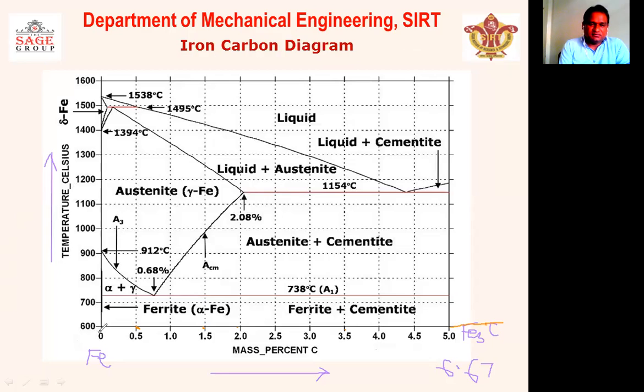So I have started to mark the range of temperature from 600. So initial value I have taken here 600, 700, 800, 900, 1000, 1100, 1200, 1300, 1400, 1500 and 1600, right?